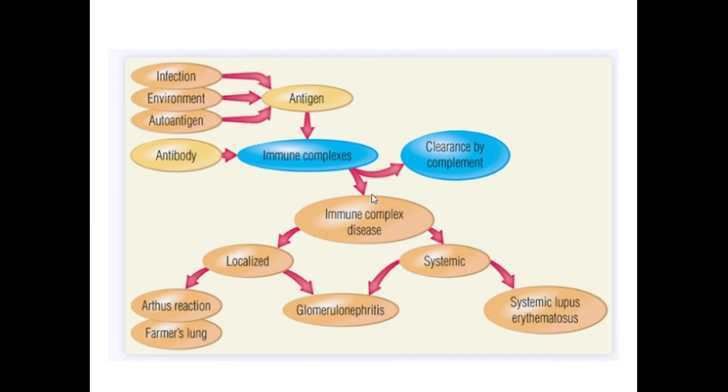So then the complement is going to be activated, and most of the time, it depends on the amount, a clearance of the immune complexes is going to take place.